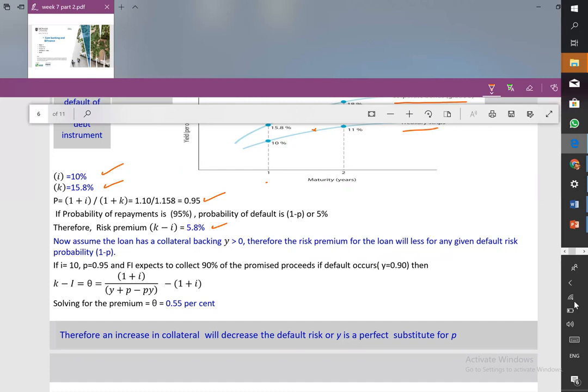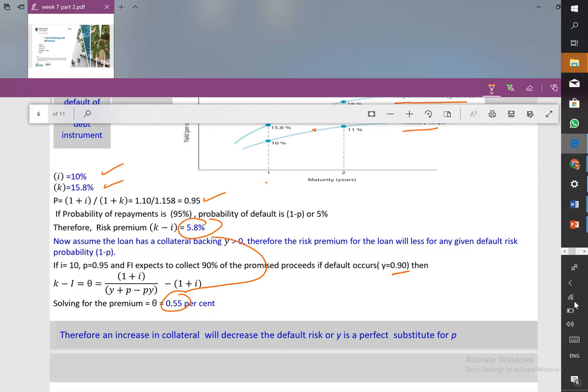When we bring the collateral, if we assume the collateral is 90%, which means it covers 90% of our loan, then see how much the premium drops. I used to have 5.8, it drops now to 55 basis points. This is because we guarantee 90% of our loan is coming from the collateral if it defaults.